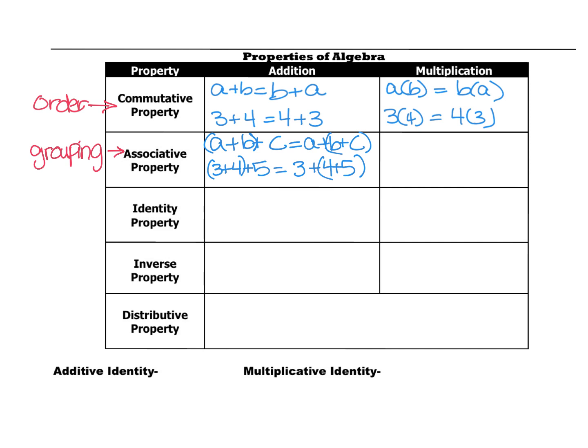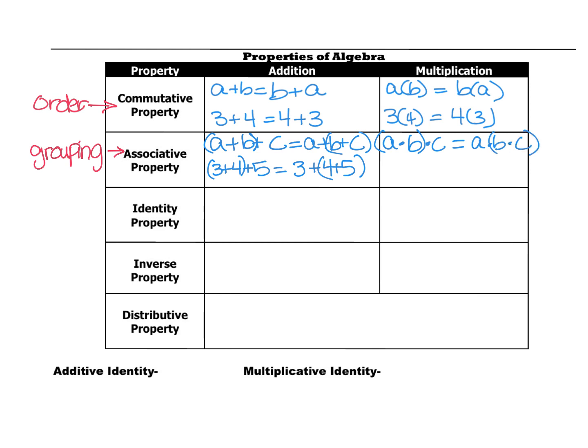I could have (A times B) times C, is equal to then A times (B times C).